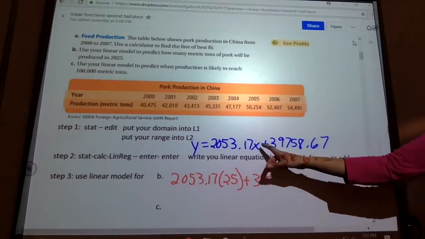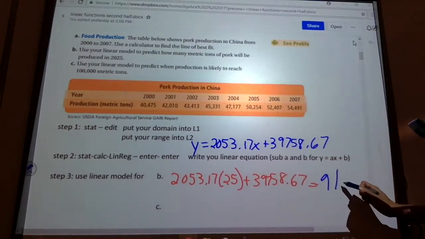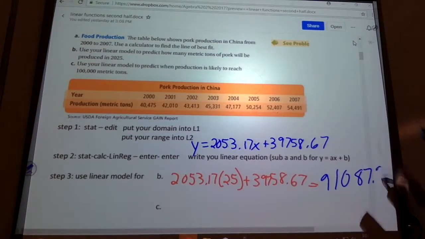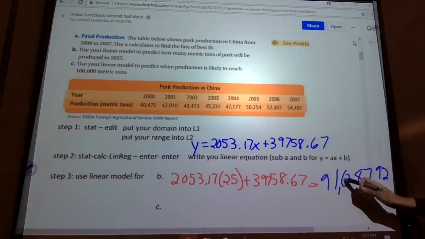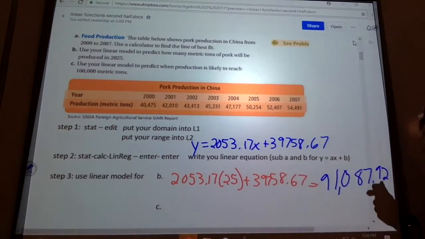So I still put 25 in for x, and then I get 91,087.92. So regardless if your equation is different than mine, you should still get 91,000 metric tons. Good. Wow.